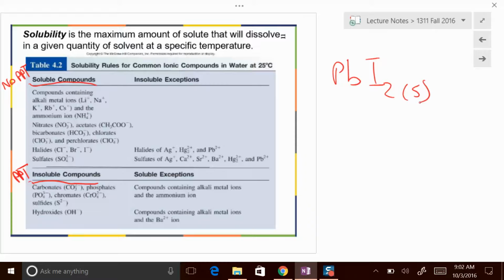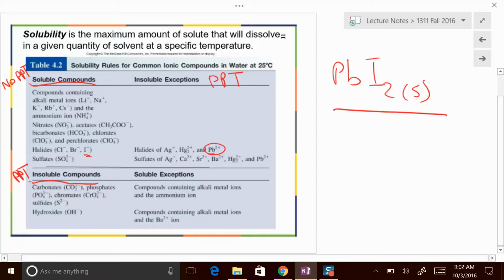But do you see this section right here? Insoluble exceptions. Insoluble exceptions means that they are precipitates. So I look at iodine, and then I come over and I say, what are its exceptions? Well, lead is an exception to the solubility of iodine. So that means lead iodide is a precipitate, is an insoluble product.